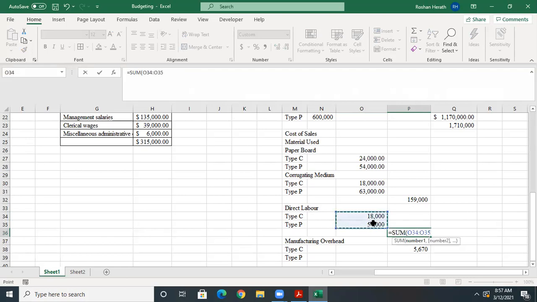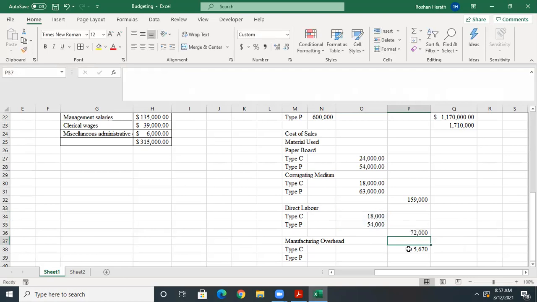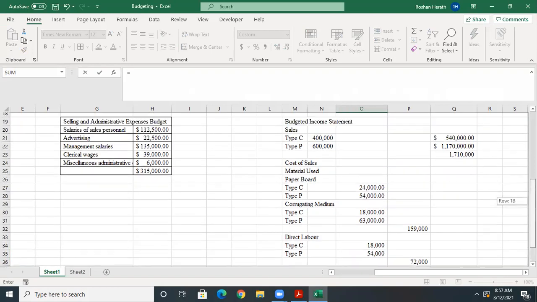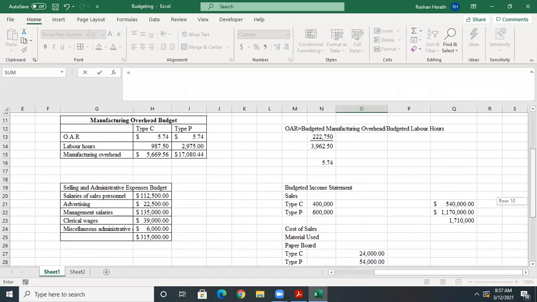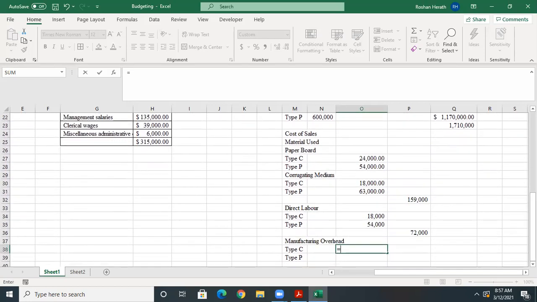Then you have the manufacturing overhead. When it comes to manufacturing overhead, you need to take the OAR and absorb it depending on the number of units. The OAR is roughly 5.74 per unit.